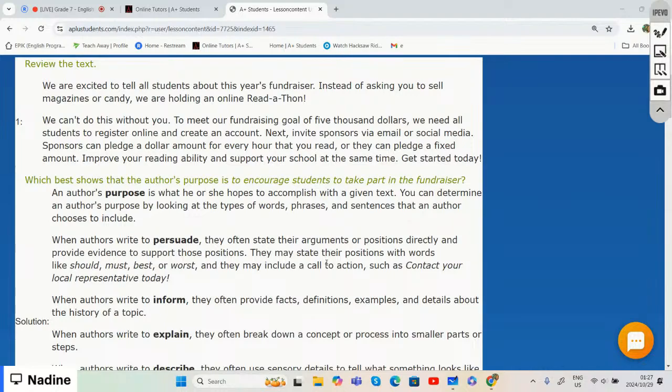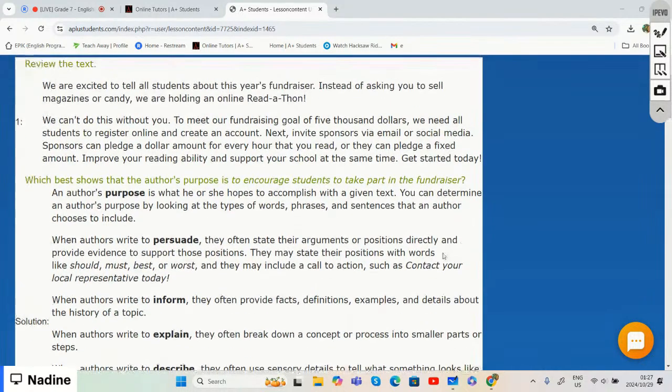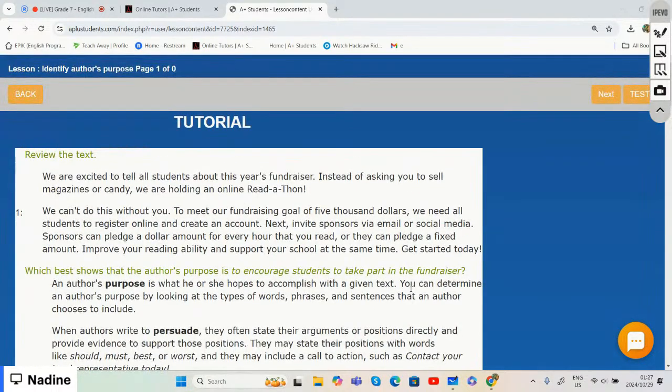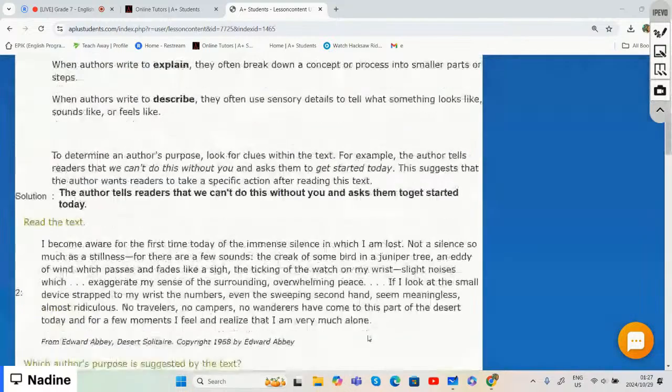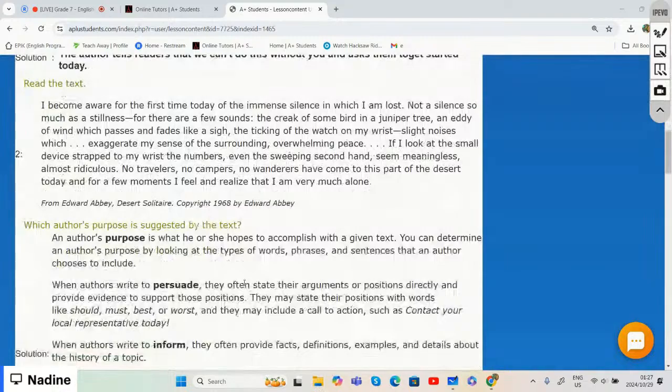So this is more informing us as to what is about to happen. Let's look at this next one.